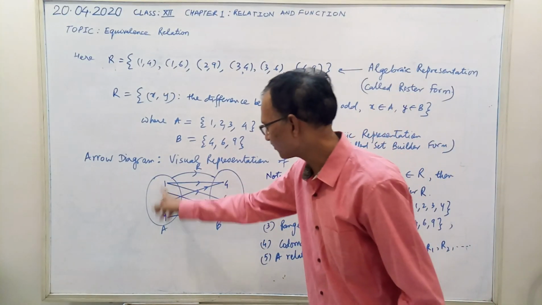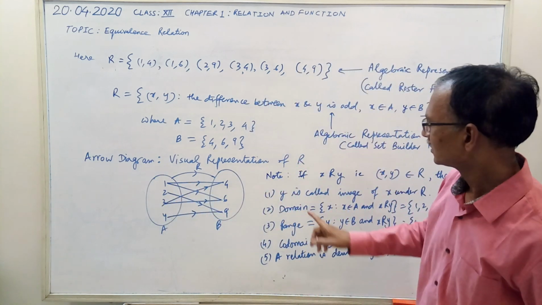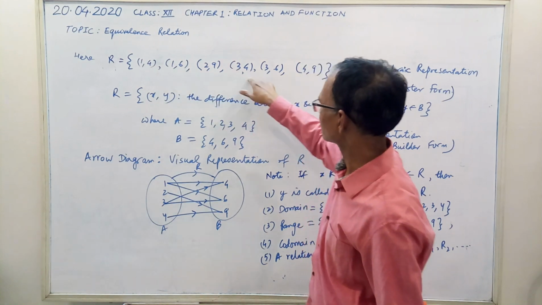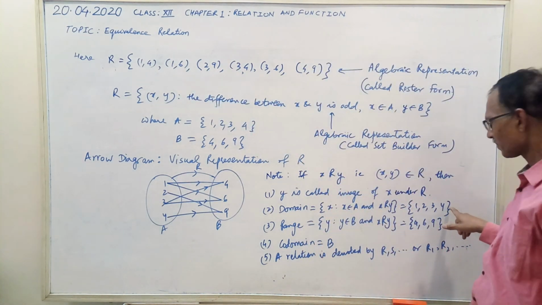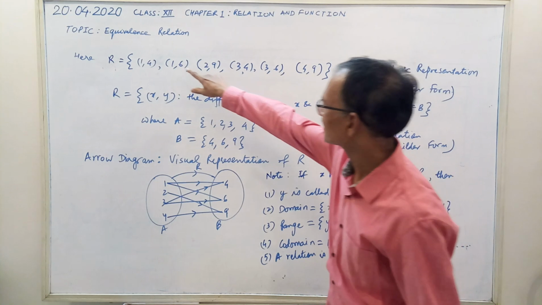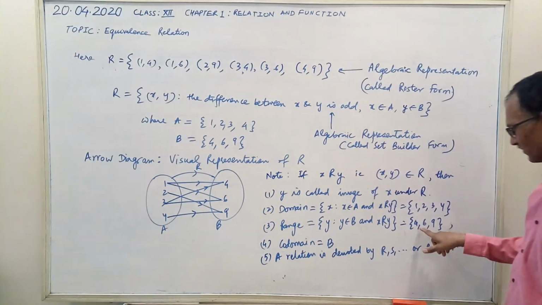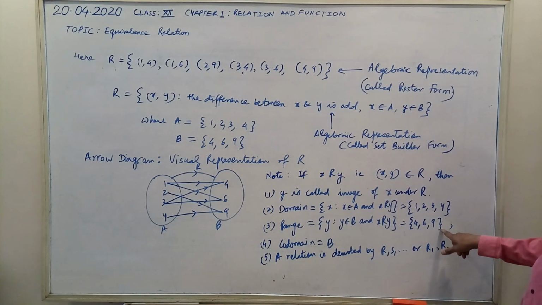Domain means the set of first entries, the first elements in the given R. If we collect the first entries, then we will obtain the domain. If we collect the second entries 4, 6, 9, 4, 6, 9, and write them without repetition, then we will get the range.